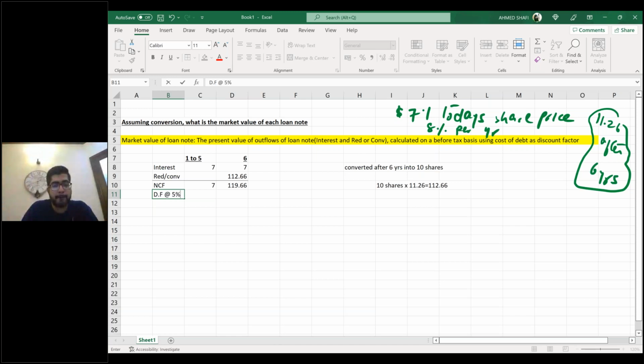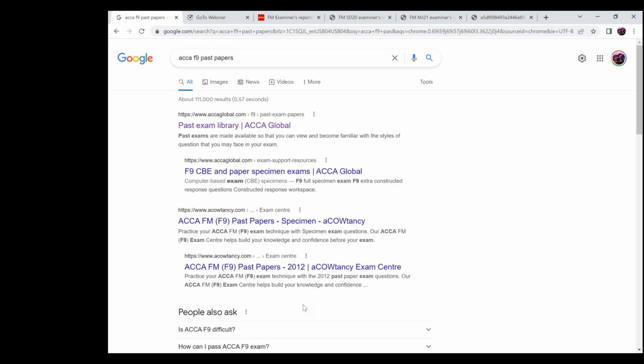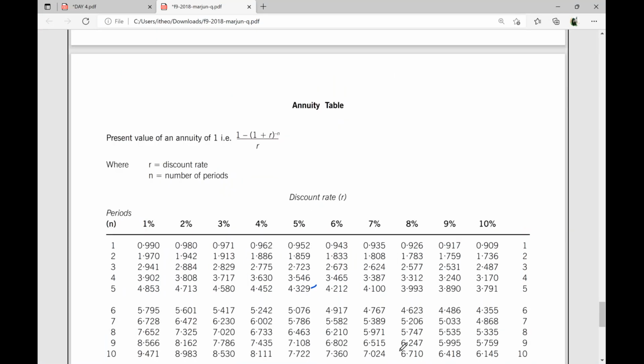It's 5%, for years 1 to 5 and year 6. At 5%, year 6 is 0.746, and the 1 to 5 annuity factor is 4.329.